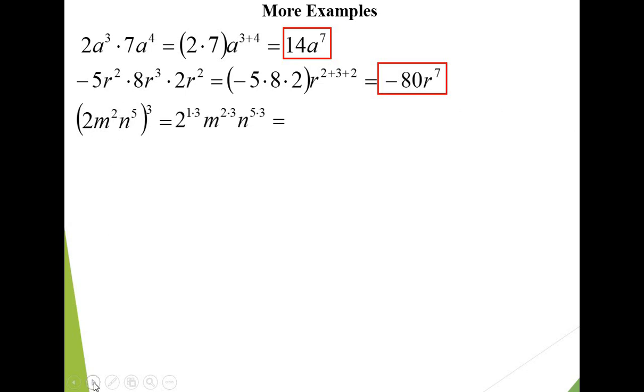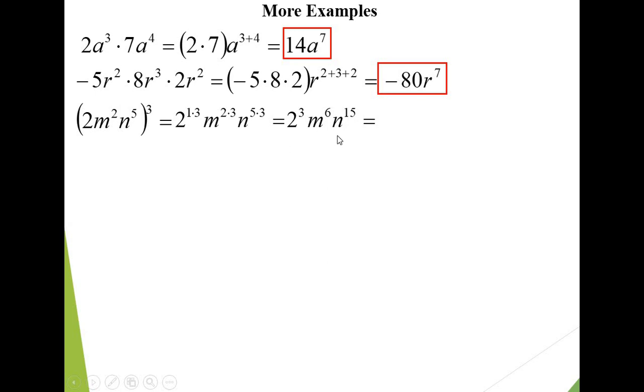And this is how you would simply do that. So it would equal 2 to the 1 times 3 and m to the 2 times 3 and n to the 5 times 3. Then you're simply going to combine this, which is going to give you 2 to the 3rd and then m to the 6th and then n to the 15th, right? And this is how you would write that.